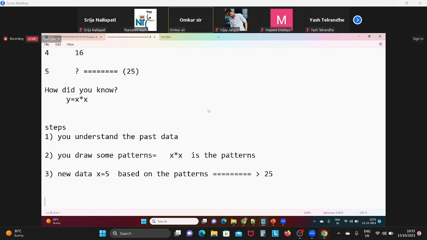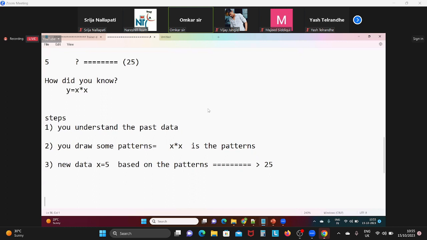So data science means understanding the past data and drawing the patterns. When new data comes, predict the future. That is the solution. For x is equal to 5, based on the pattern you understood from the past data, your answer is 25. Yes, this is what we call machine learning.